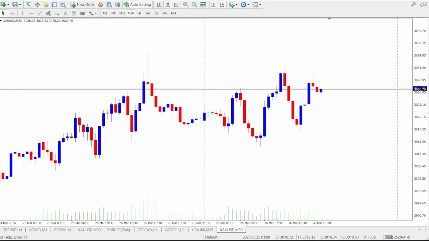In this video, we are going to talk about one of the most powerful tools for Forex traders. The particular indicator that we are going to be discussing in this video is the currency strength meter indicator for MT4.